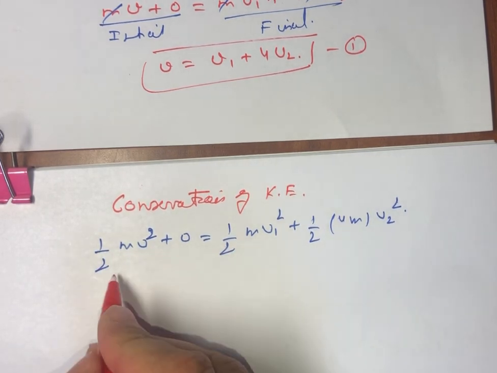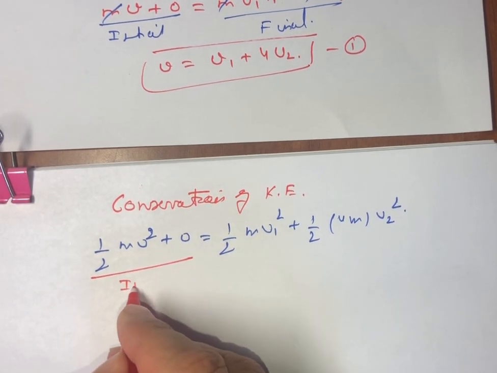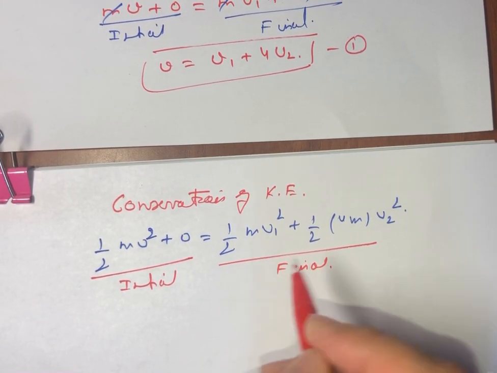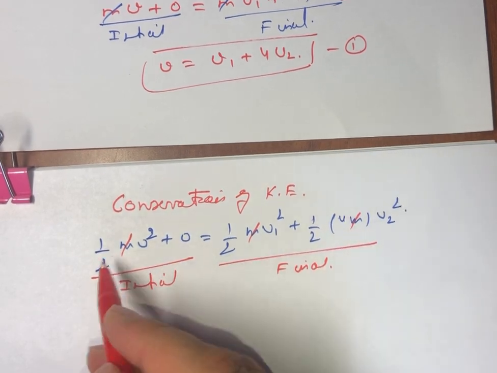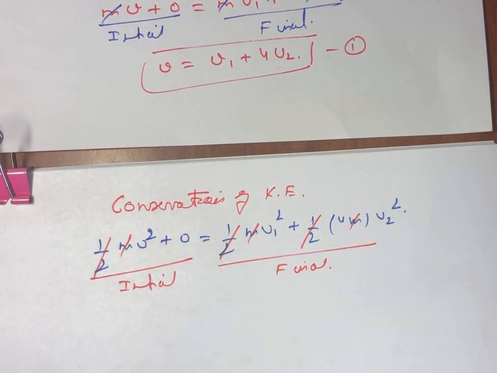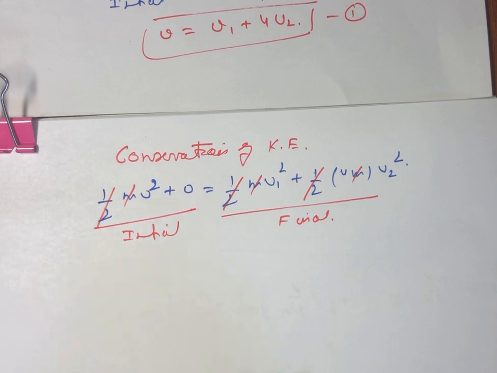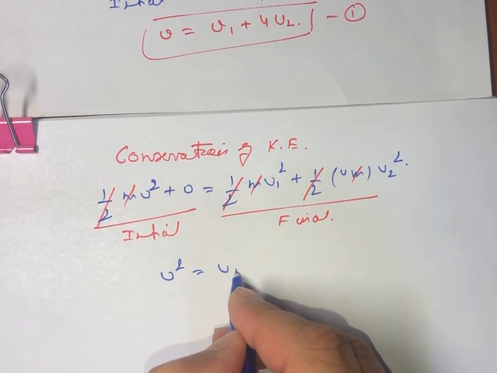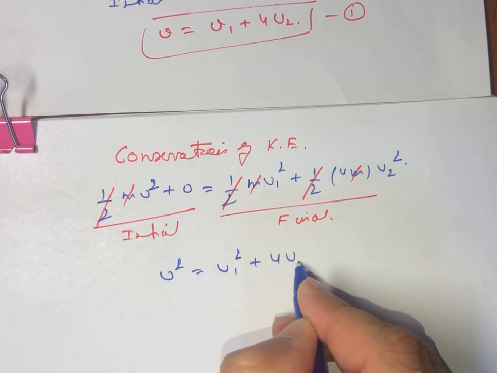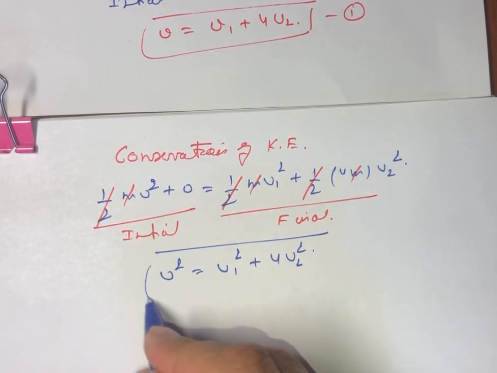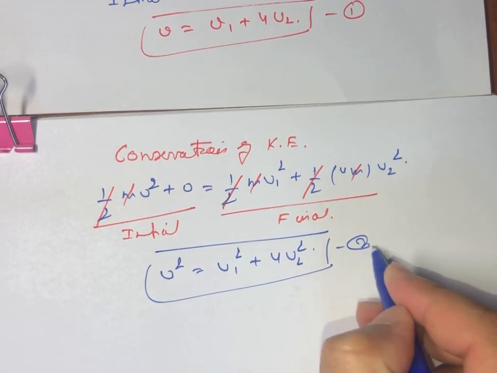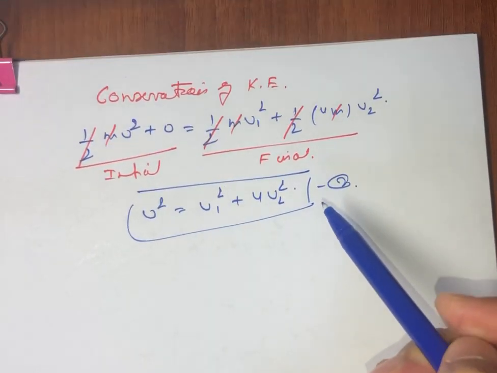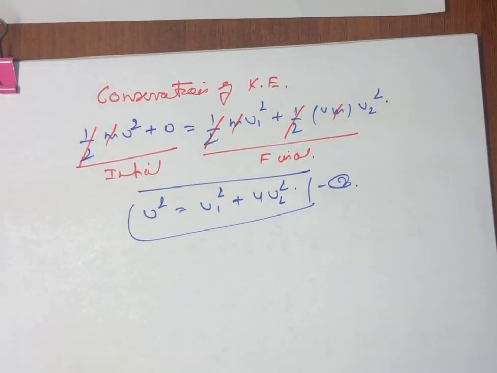In this case, this is our initial and this is our final. So here m cancels throughout as well as 1 by 2. So we can say v square is equal to v1 square plus 4 times v2 square. Let us call this equation 2. So we are going to use equation 1 and 2 and find out value of v1 as well as v2.